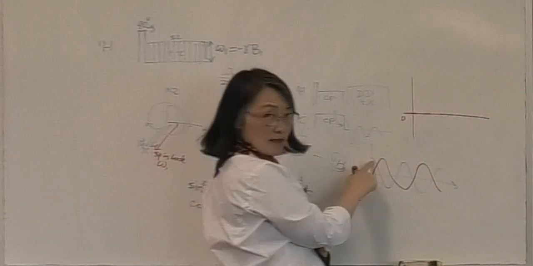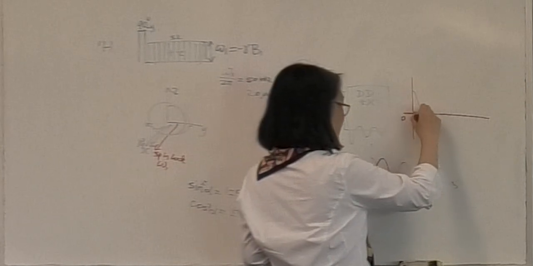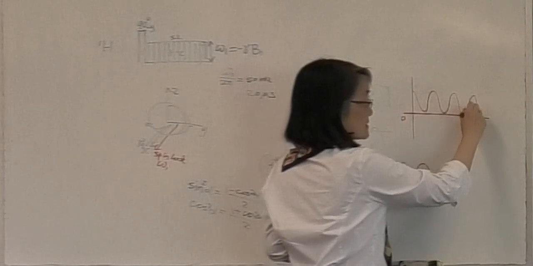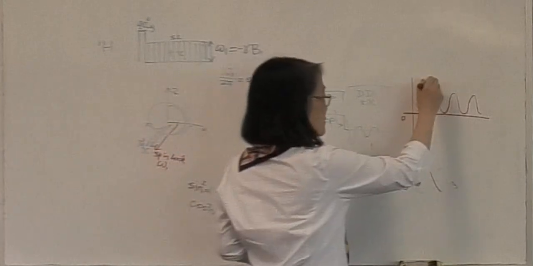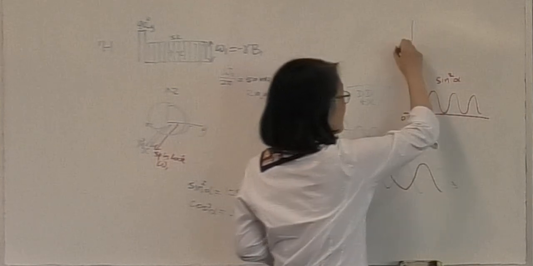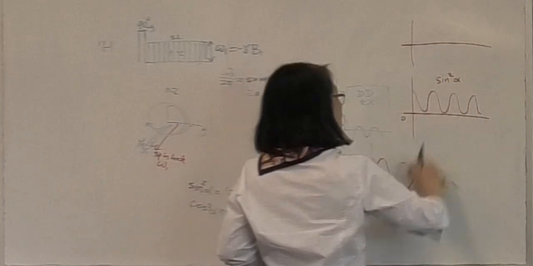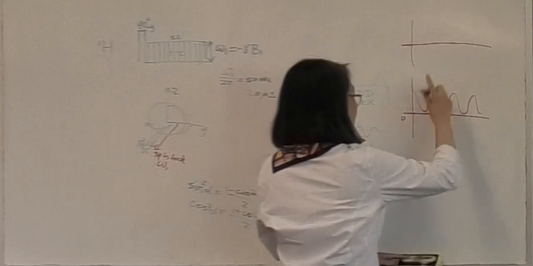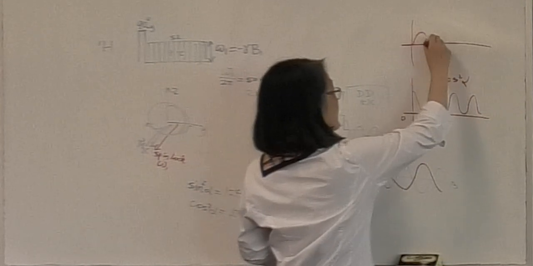If I take this sine function and square it, everything is positive, as it should be. So this is a sine square function of whatever angle. Sorry, this is cosine square. Sine square will start here.